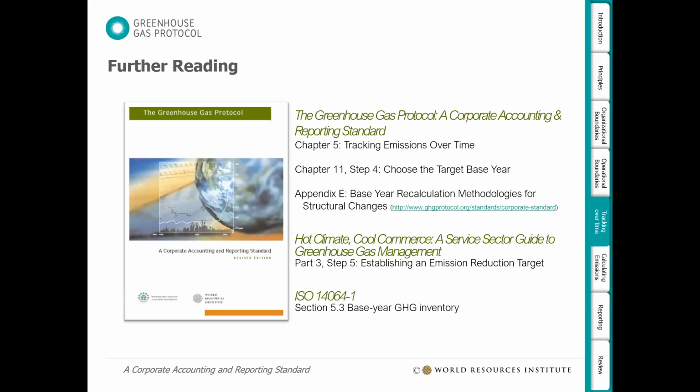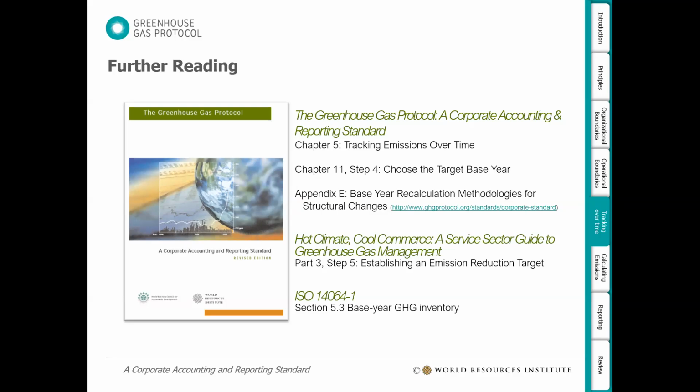In terms of further reading on this topic, the first reference should really be Chapter 5 of the Corporate Standard, dealing with tracking emissions over time. Chapter 11 also provides some guidance on choosing a base year, especially if the company wishes to set a target.